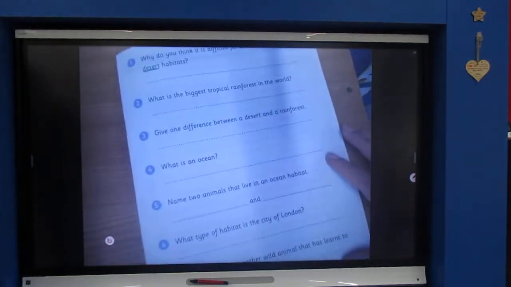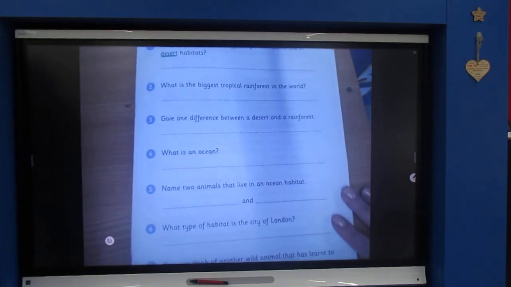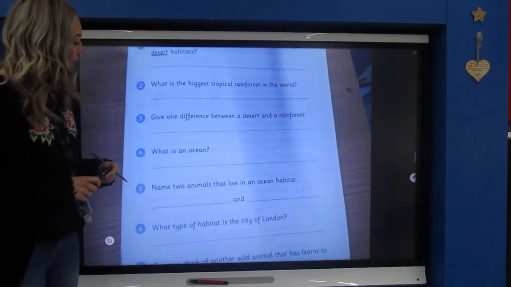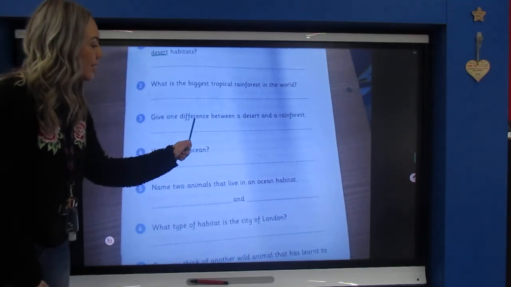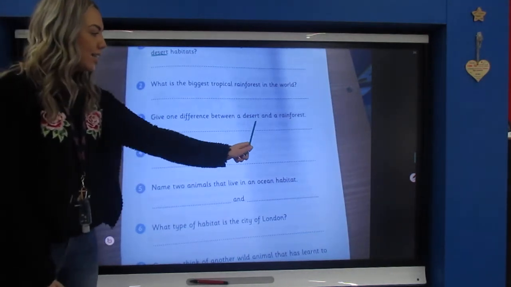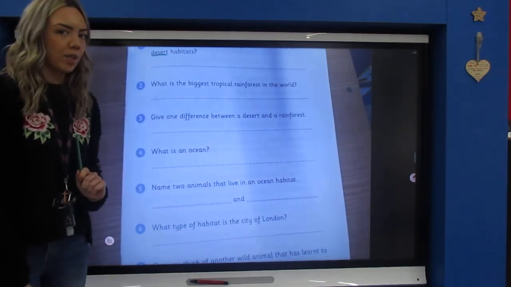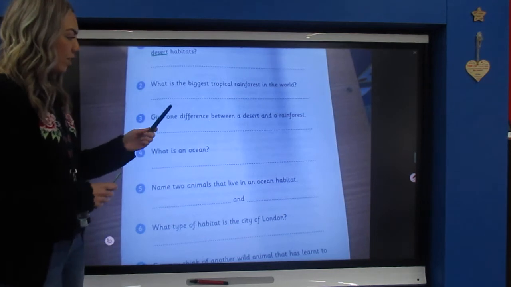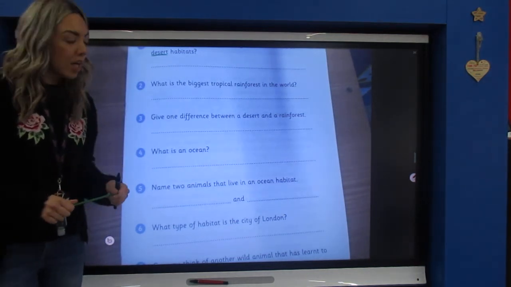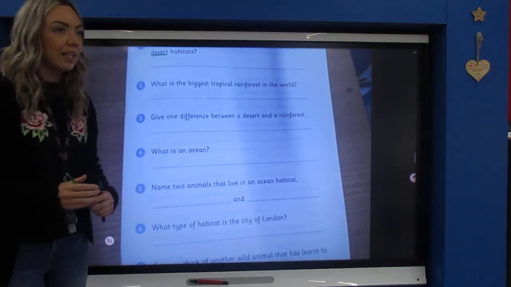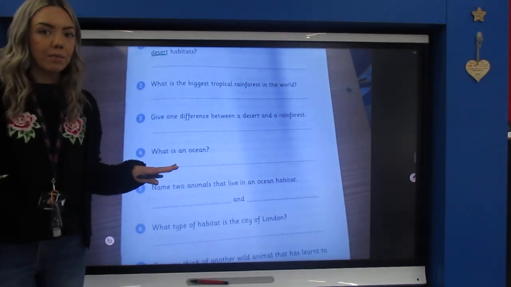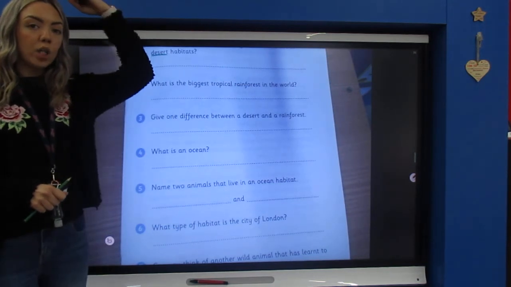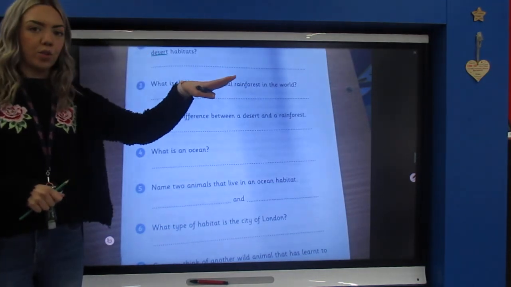Okay. Now moving on to question 3. You have got a little bit of a different question here, and it says give one difference between a desert and a rainforest. And the key word in this question is the word difference. So remember, difference means something that's not the same, okay? So Miss James is tall, Miss Evans is short.